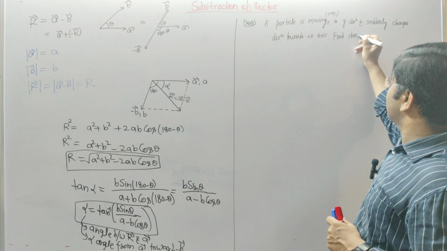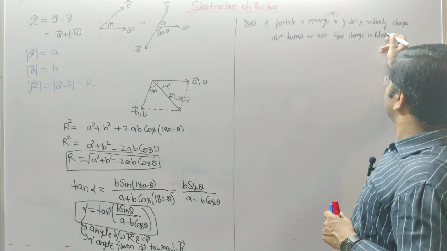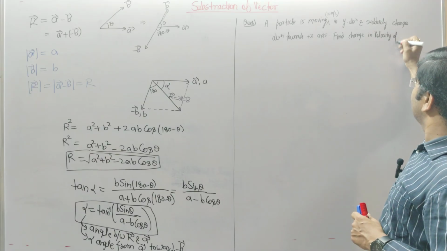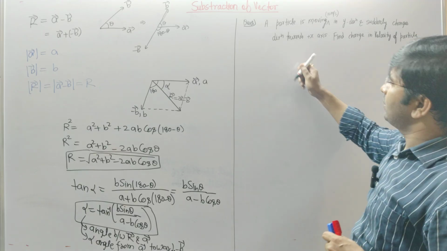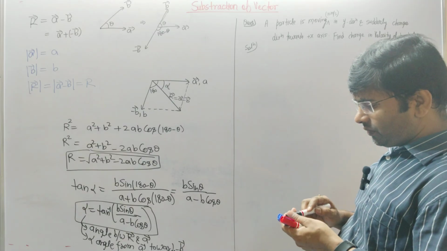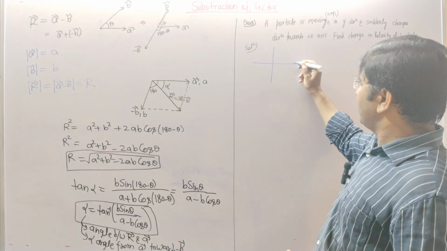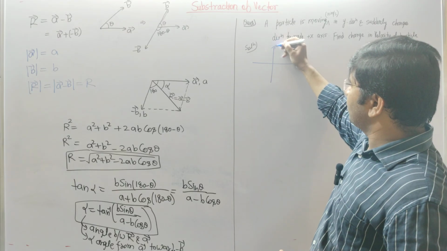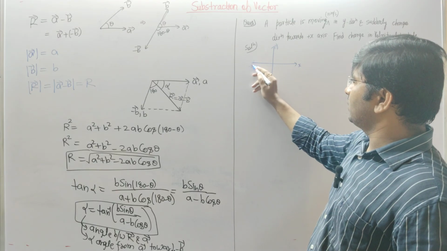Find the change in velocity of the particle. That means here we can understand the direction: let's take this as the x-axis, this one is the positive y-axis, negative y, and this is negative x.